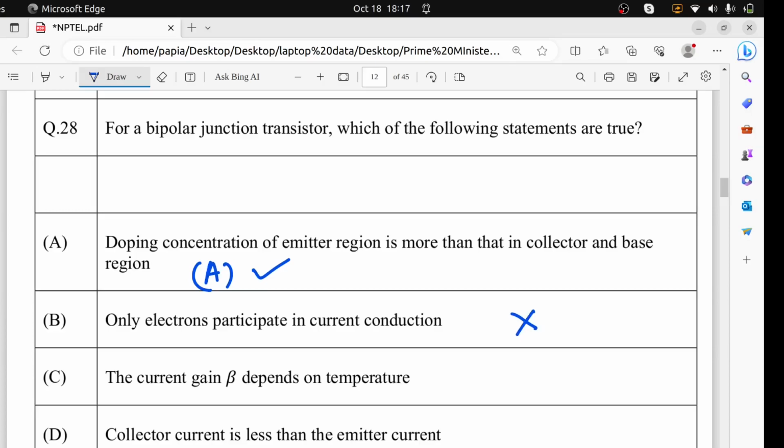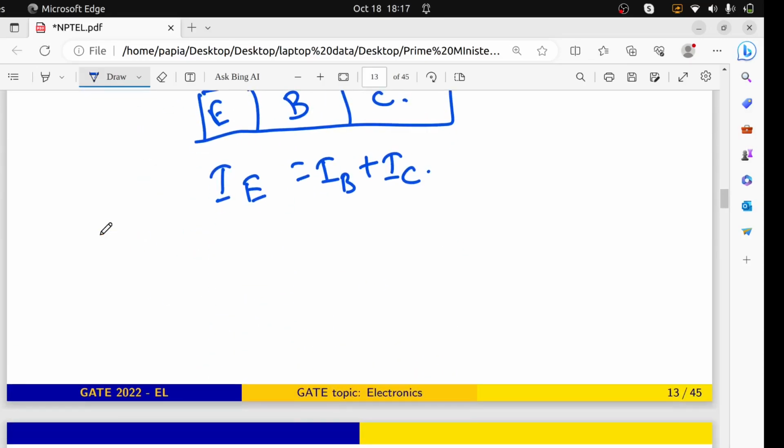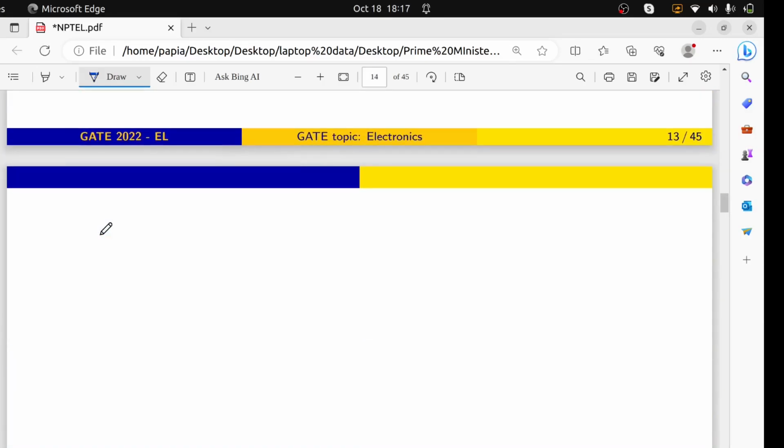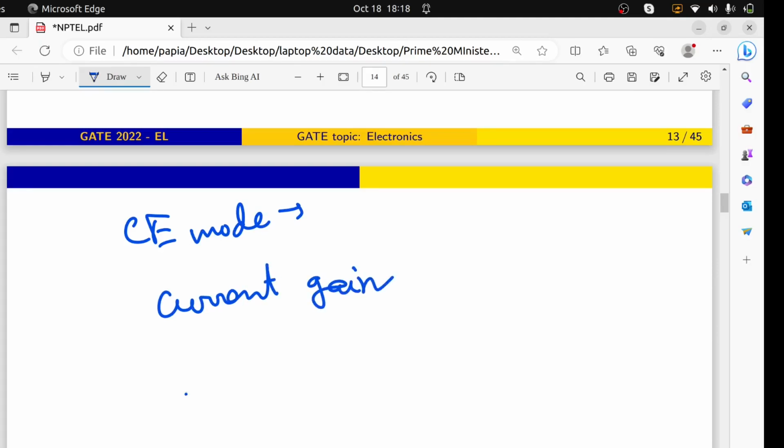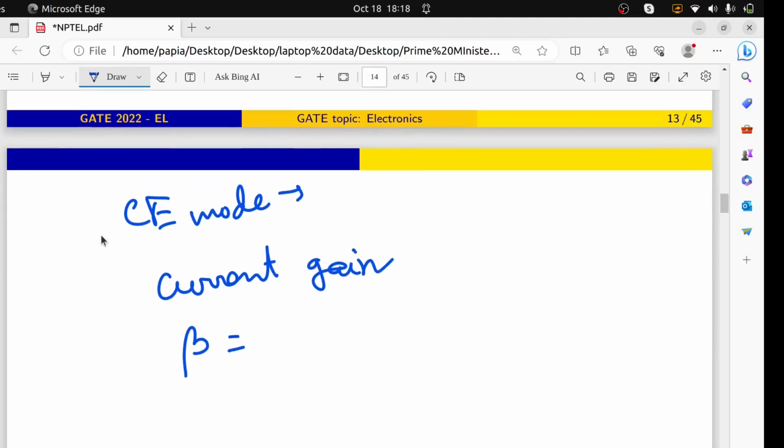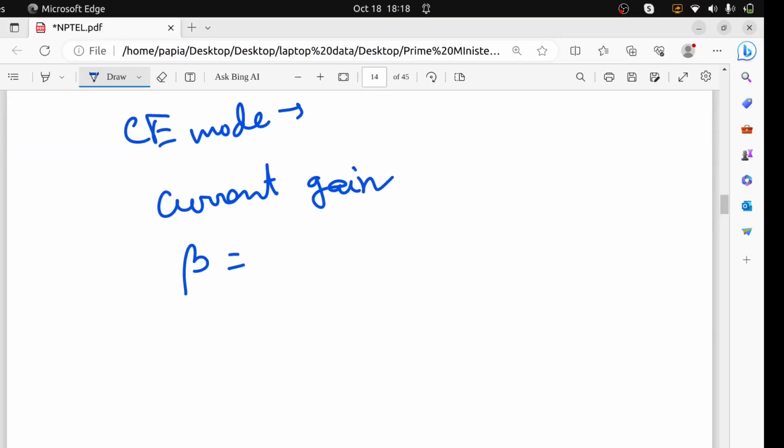Now coming to the C option. The current gain beta depends on temperature. Now coming to current gain. What is current gain here? If I take CE mode, then what is current gain? Let me write it as beta, and what is beta here? Beta is nothing but IC by IE.